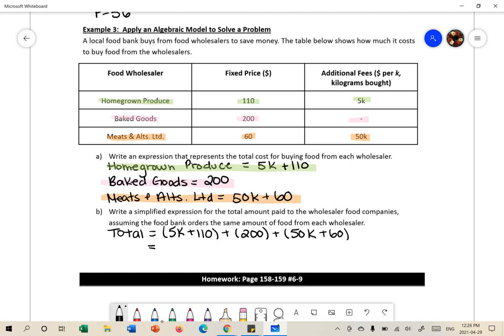Expanding out of the brackets, collecting like terms.